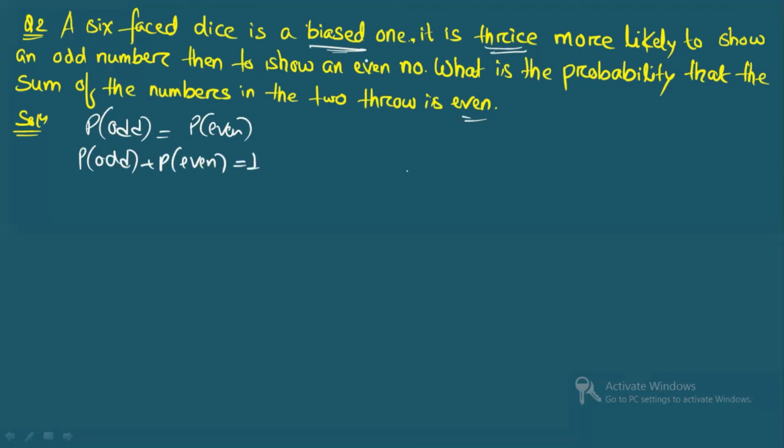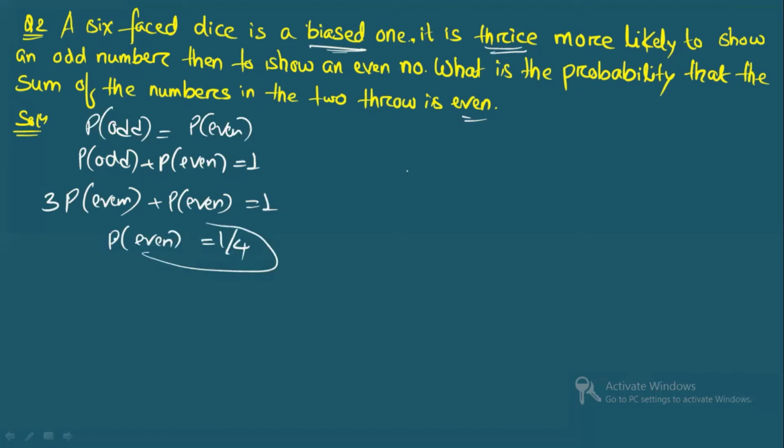Here for a biased die, it is said you get an odd number thrice more, which means probability of odd will be 3 times the probability of even. We are just putting in the given condition: it equals 1. So probability of even equals 1 by 4. This is the probability to get an even in a biased dice.